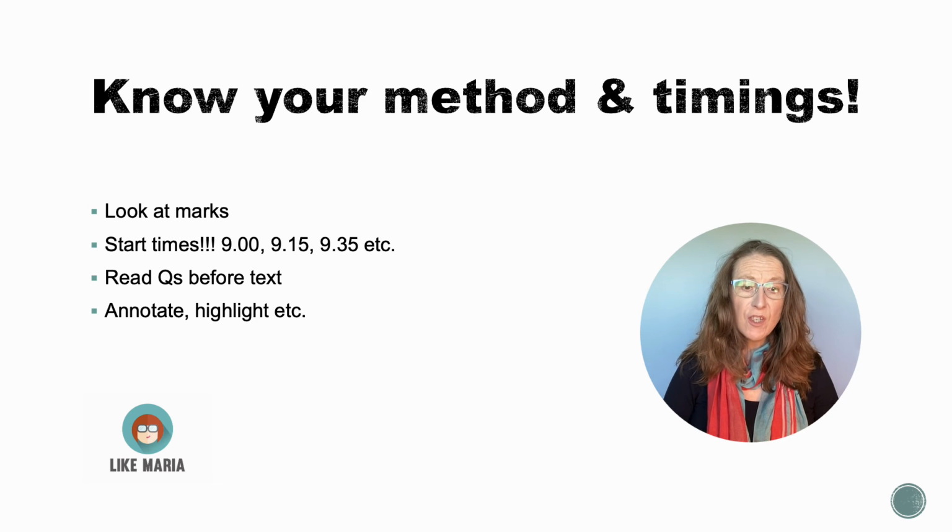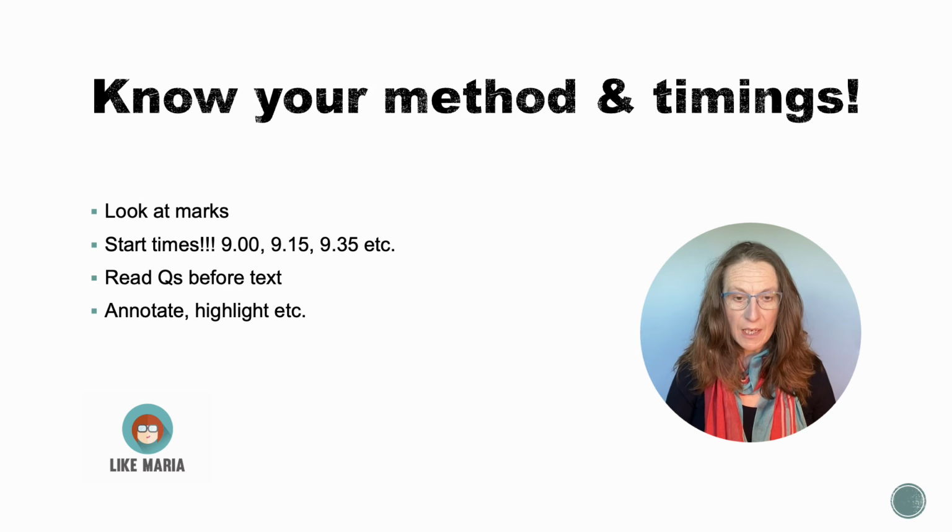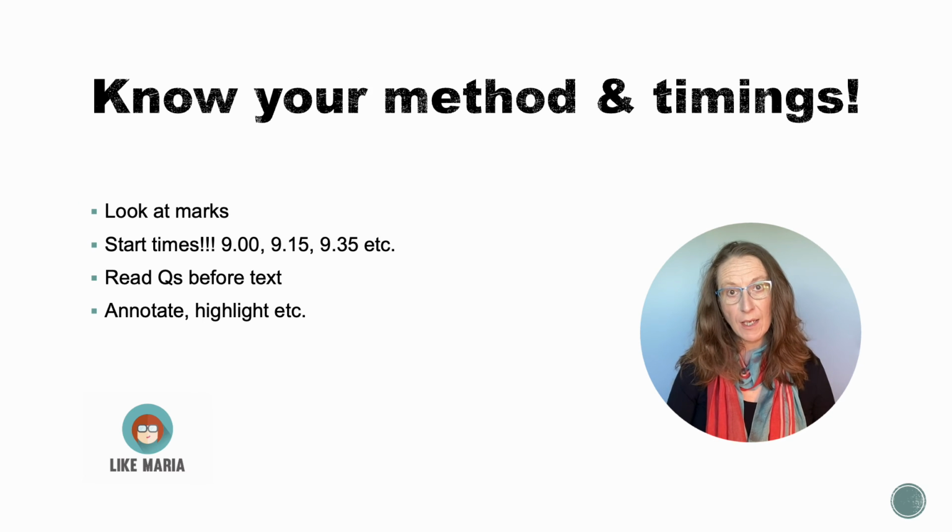Now that's fine if it's 9 o'clock and you know your question's going to take 25 minutes and it's 9:25. But if it's 9:35 and you have to add on 25 minutes, that might throw you a little bit. So practice adding on the amount of time that you're allocated. Particularly, this is important if you have extra time. So sort out your timings. You don't want to be fussing with that in the exam.